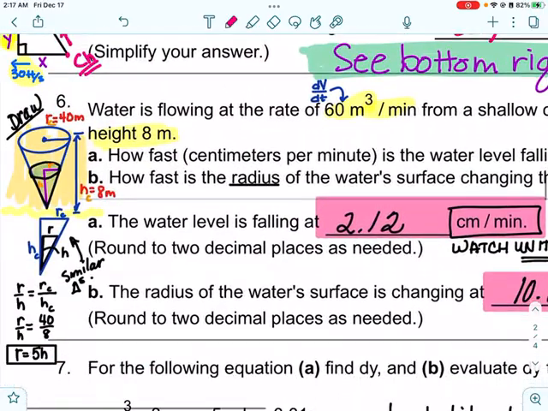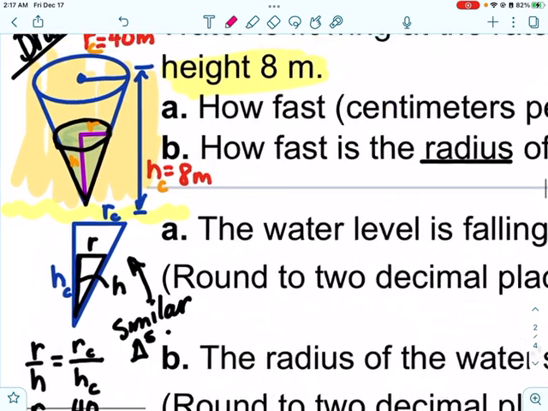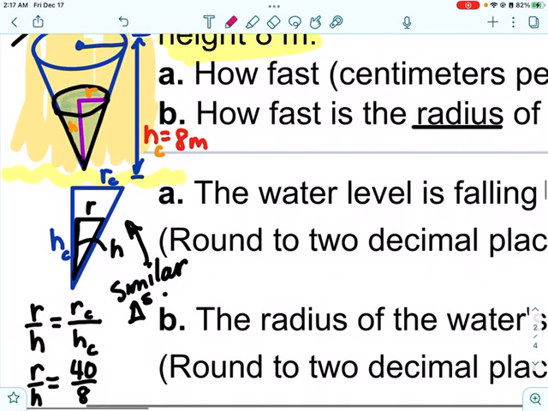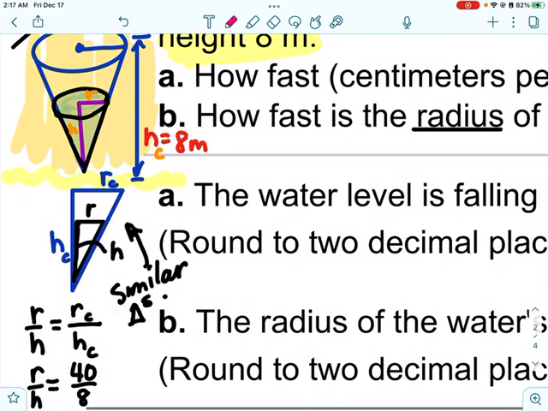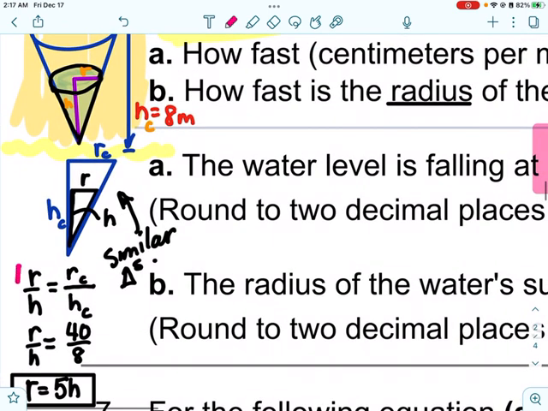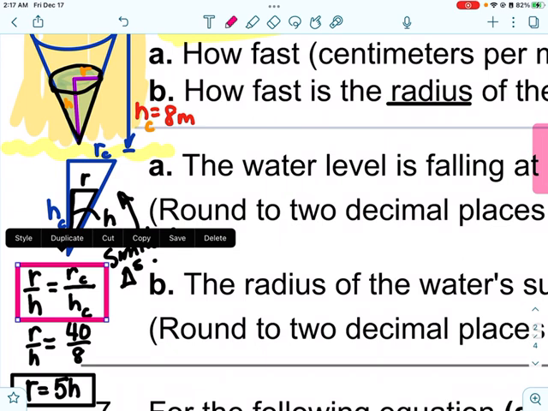So here's the cone. You have two similar triangles in the cone. One is involving the whole cone, and one is involving just the water that's in there, or whatever fluid is in there. It looks kind of green. All right, so if you look at what I have down below here, I can set up a ratio with similar triangles that I know that the radius of the water over the height of the water is equal to the radius of the cone over the height of the cone.